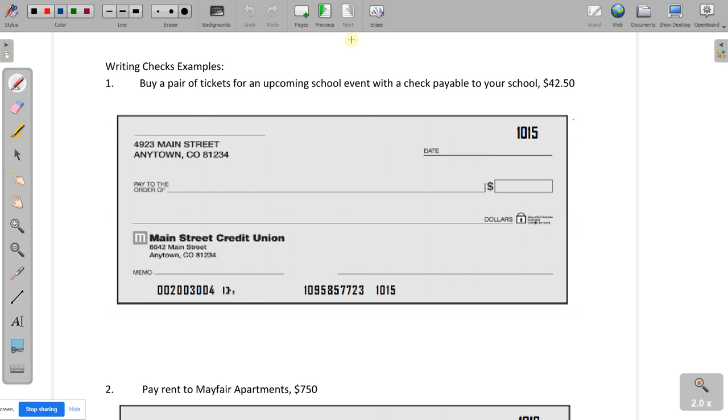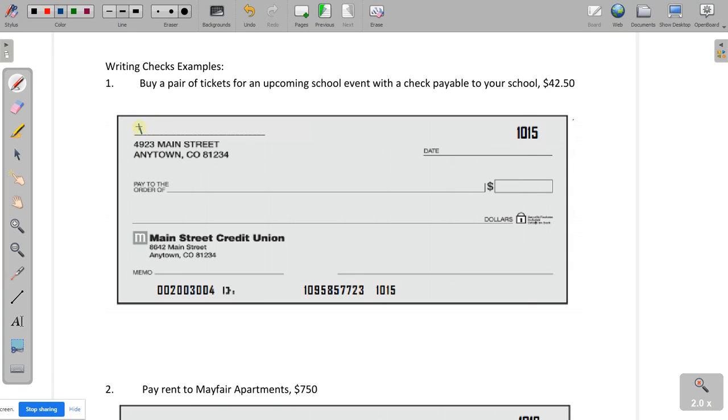The last thing we're going to do today is go over some examples of writing checks. The first one here, we are going to buy a pair of tickets for an upcoming school event with a check payable to our school of $42.50. So this top left information is your information. It will be your street address and your name.